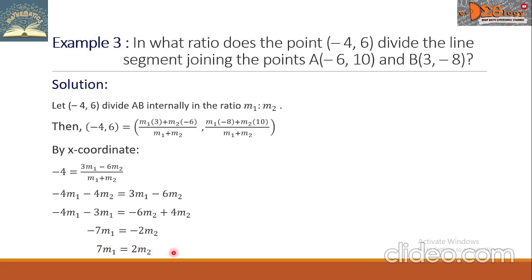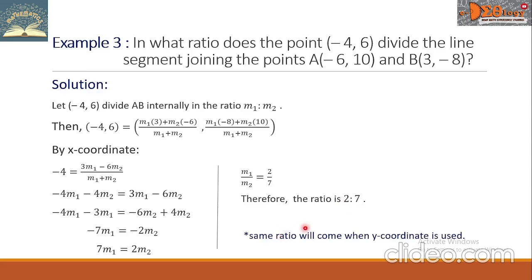We can rewrite this equation as m sub 1 over m sub 2 equals 2 over 7. So we can see that m sub 1 equals 2 and m sub 2 equals 7. Therefore, the ratio is 2:7. This is the answer. Same ratio will come when y-coordinate is used.